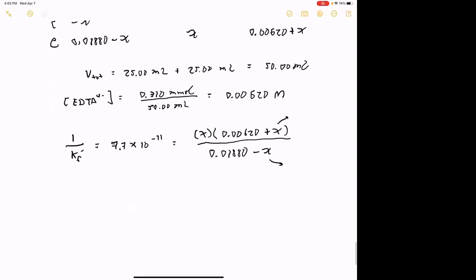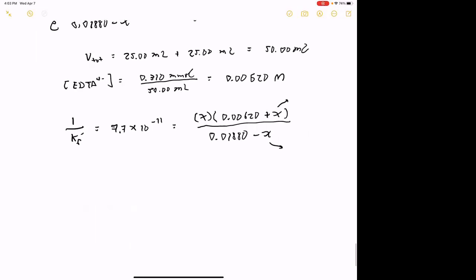Now this makes the math really nice and easy because what I've got is X times 0.00620 divided by 0.01880, and that's all equal to that really tiny K of 7.7 times 10 to the minus 11th.